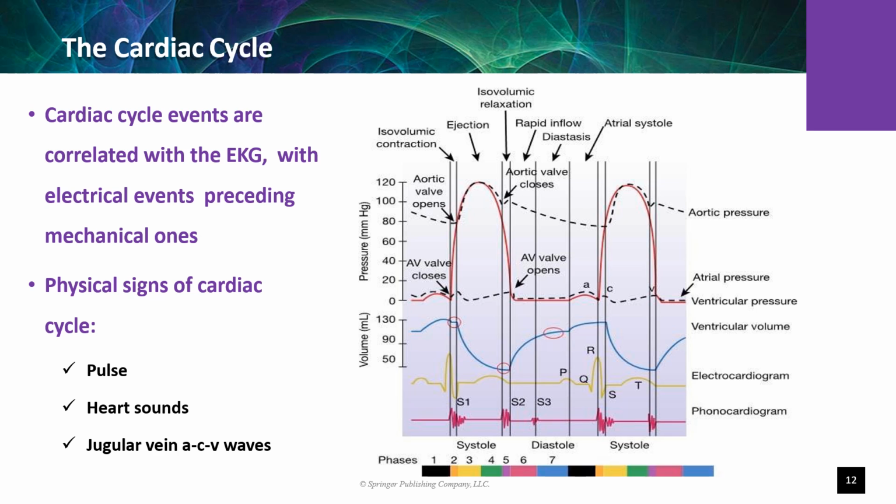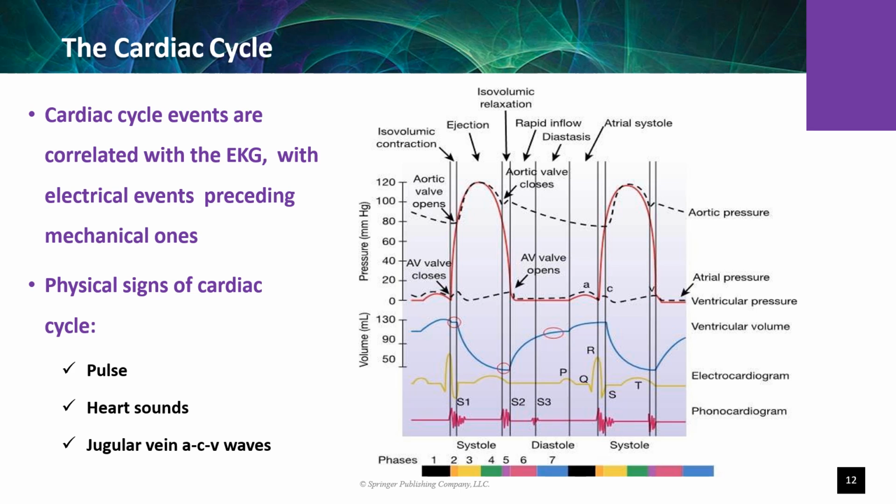The first event of systole is the beginning of the ventricular contraction, which immediately generates pressure that closes the mitral valve. As both the mitral and aortic valves are now closed, this period of pressure development is referred to as isovolumic contraction.